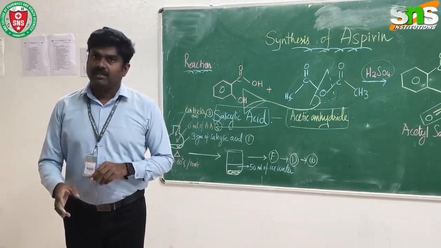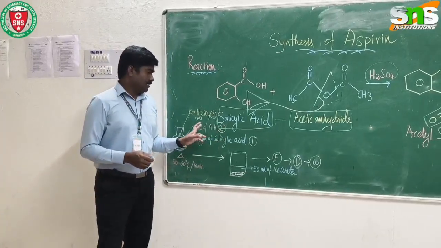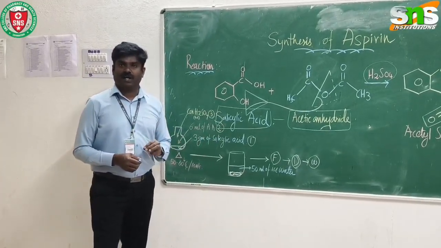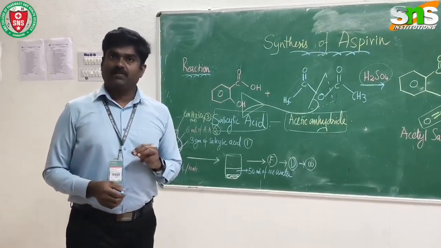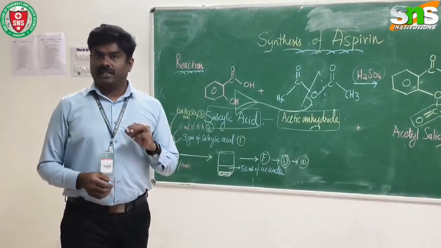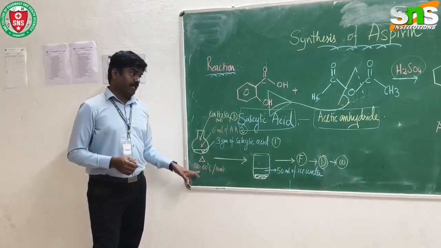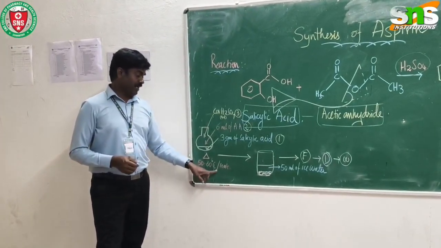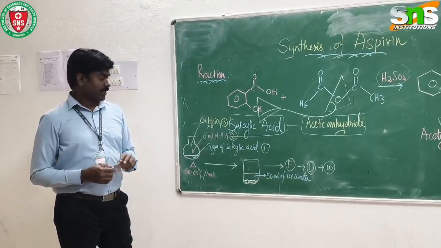Mix it well, then add 4 to 5 drops of sulfuric acid. Mix it well again. Then boil the content at 50 to 60 degrees Celsius for 10 to 15 minutes.